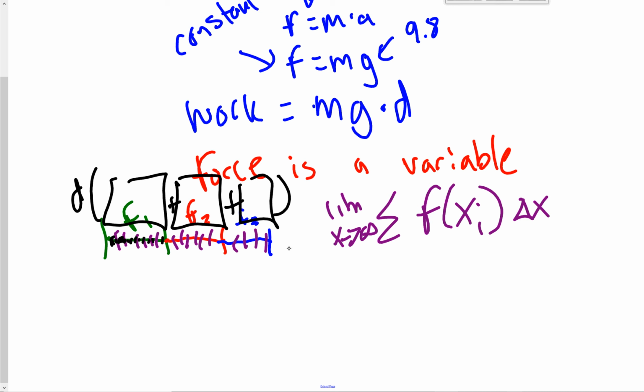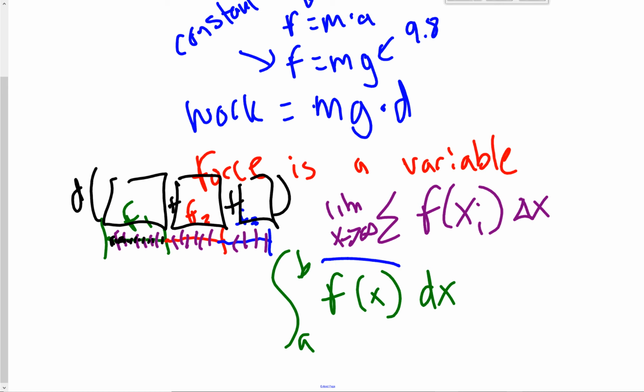So the integral of f of x, and we just change that delta x to dx, and then we go from a to b. So we can see this is not quite our force equation, because it's going to be changing with our distance in here, but we can take the integral of this and it will allow us to find work.